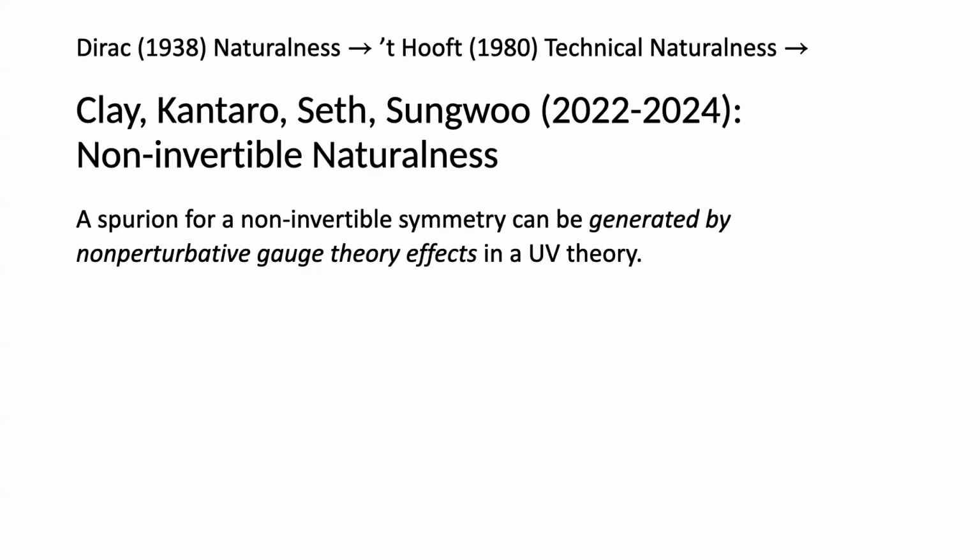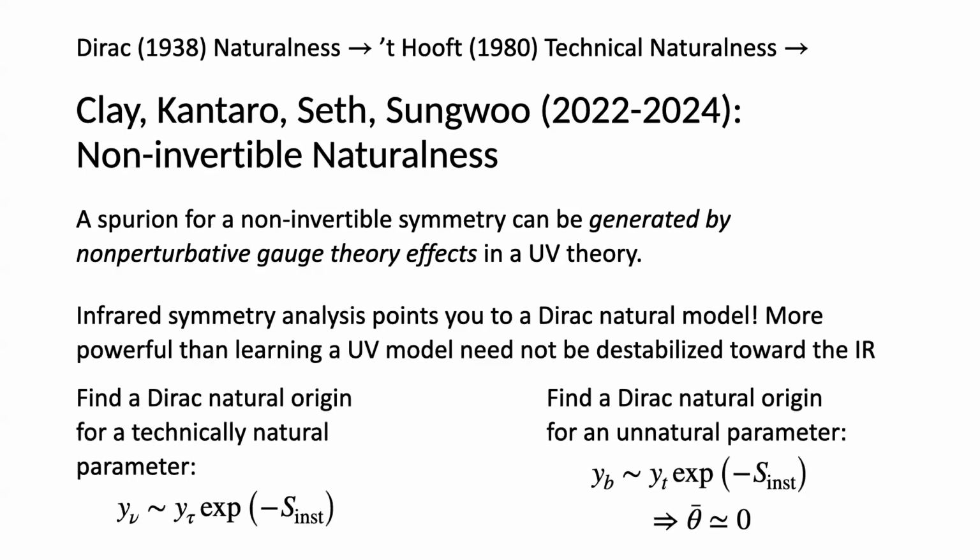But indeed, if you understand what we're understanding from generalized symmetries, if you have information from extended operators as well, there really is more information that you can get out of the infrared theory. And so this is more powerful than just technical naturalness, which just tells you if there is some mechanism that makes a coefficient of an operator small in the UV, then it's protected down into the infrared. It stays small. This is more powerful because technical naturalness doesn't give you any hint even of what that UV mechanism could be.